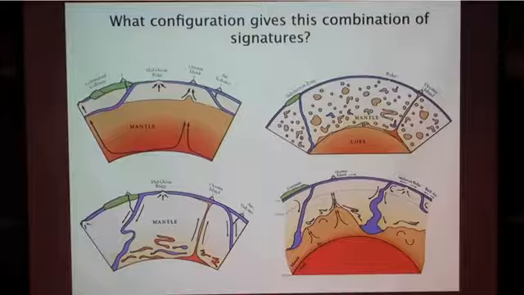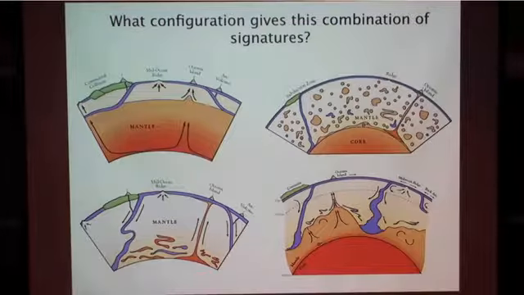For example, this model isn't really compatible with current understanding of seismic observations. Moreover, one would expect that this lower layer here would be as well mixed as the upper layer. It might be different, and so it wouldn't give rise to the full scale of heterogeneity that we require. Maybe something like this or something like this. This is my preferred model, or something similar to it, would satisfy that need.